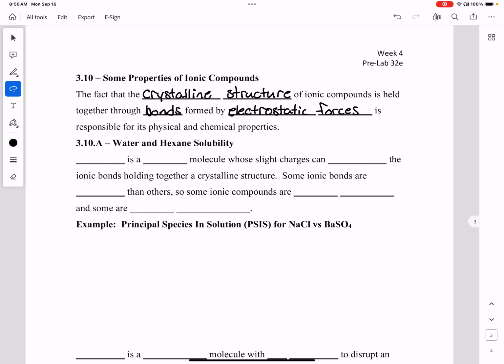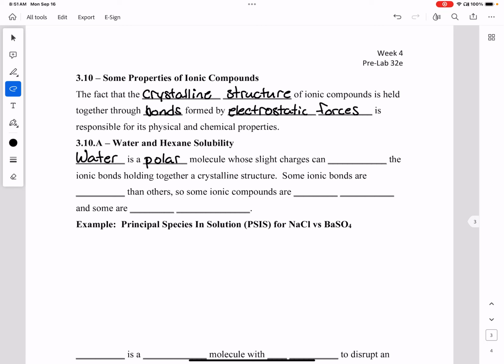Okay, that's responsible for its physical and chemical properties. So let's look at solubility. Water is a polar solvent. A solvent is just the major portion of a mixture.